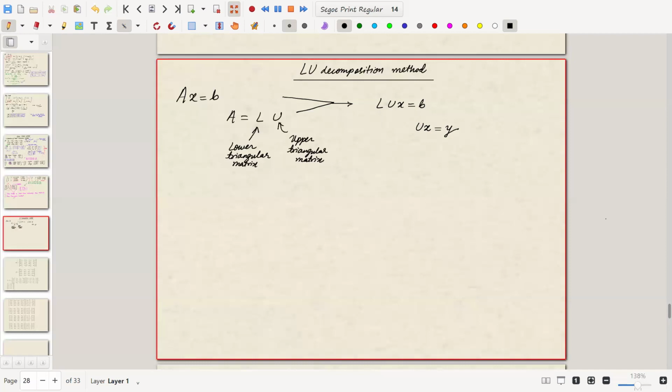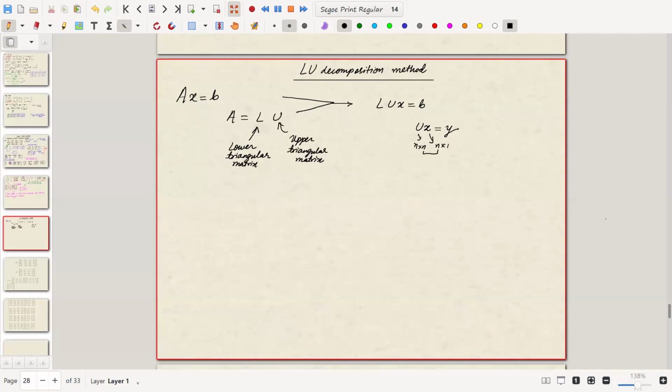When I write UX equals Y, you should ask me why UX is not giving a matrix, rather I am writing Y as a vector. Can you easily see why I am getting a vector? What is the size of U? Say n cross n. What is the size of X? X is a vector, so n rows, one column. Is this multiplication possible? Yes, it is possible, because n is same.